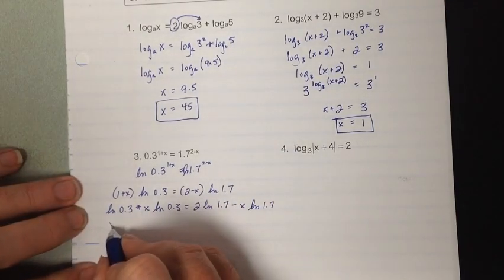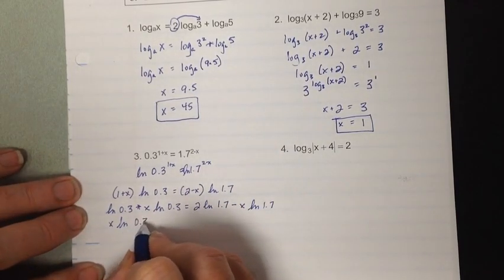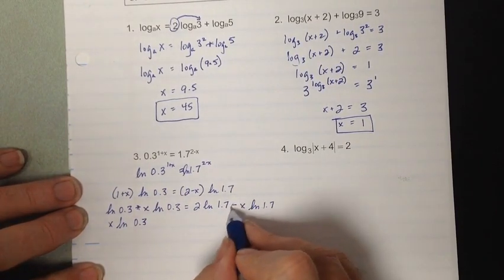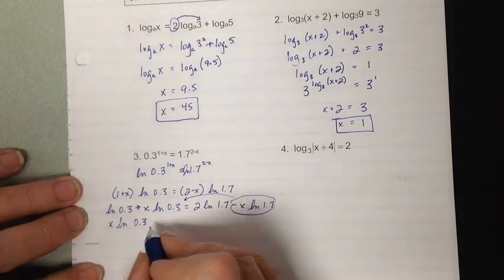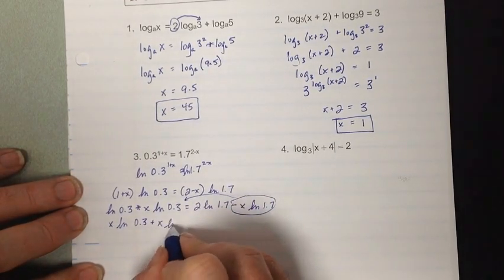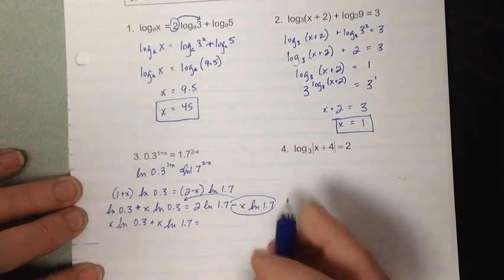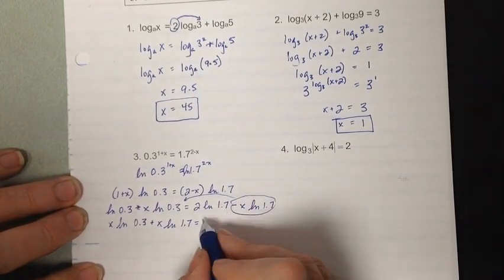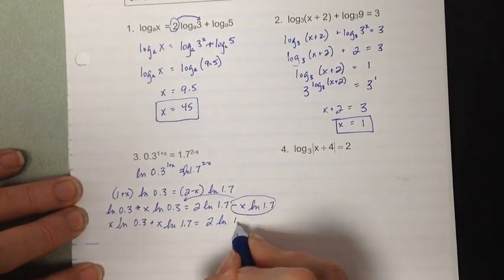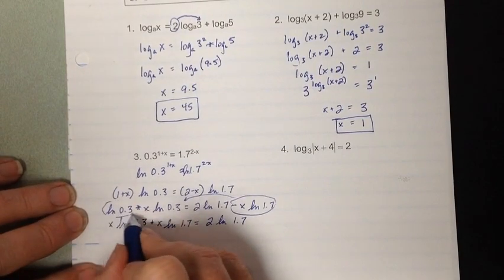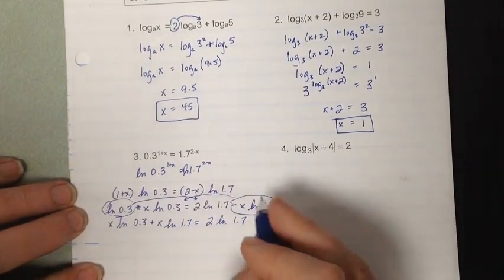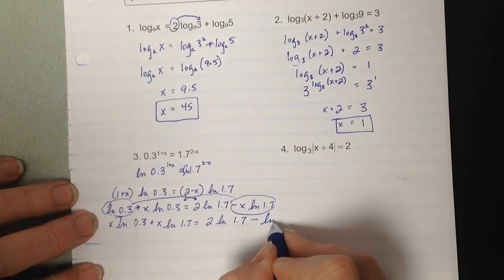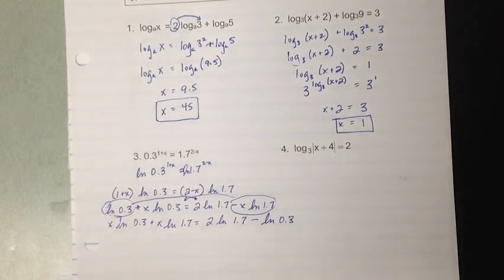So I'm going to leave x natural log 0.3 where it is. I'm going to take this minus x natural log 1.7 and bring it to the left, so it'll become a plus x natural log 1.7. I'm going to leave my 2 natural log 1.7 where it is, and I'm going to take this natural log 0.3 and move it over to the right side, minus natural log 0.3.